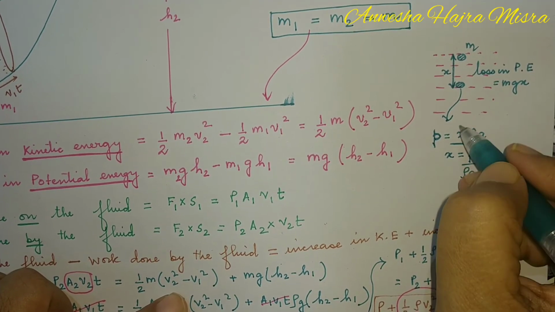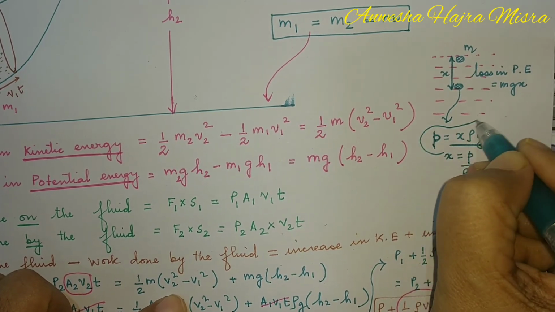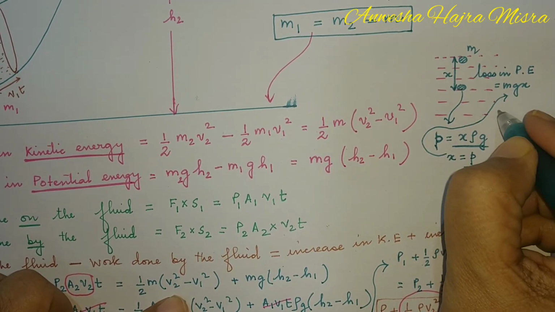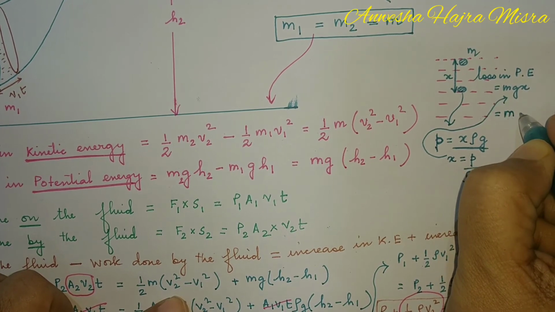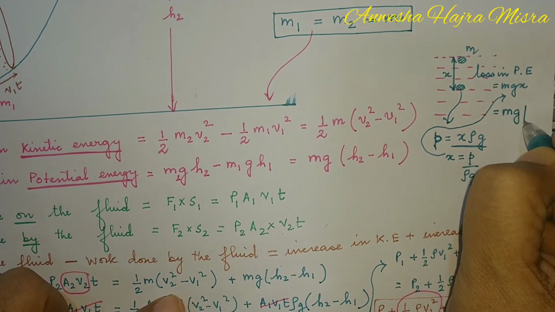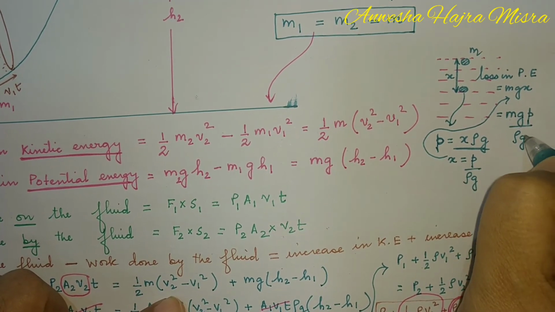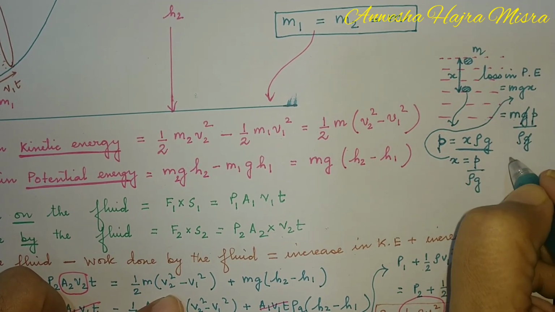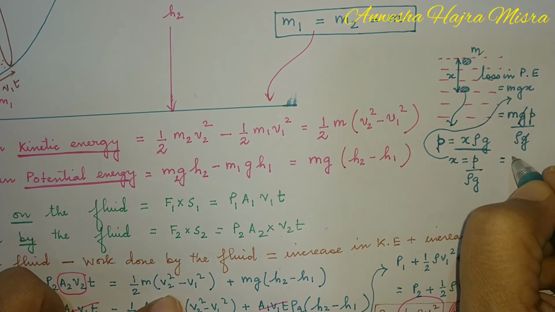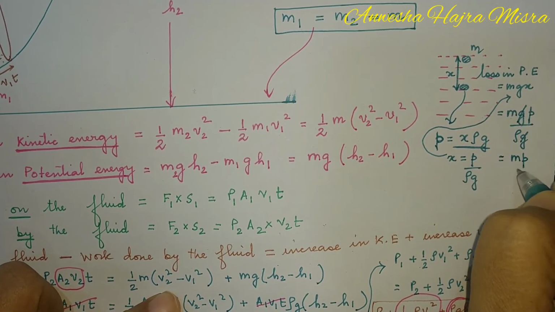Put the value of x over here. So this can be written as mg, x is P by rho g. Now g cancels. So what is the loss in potential energy? mP by rho.